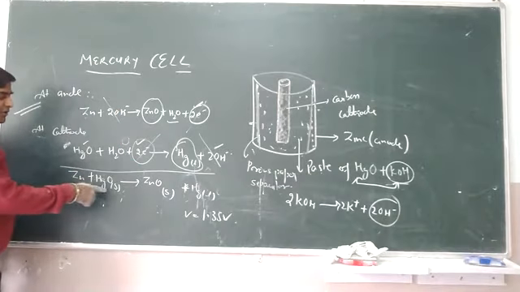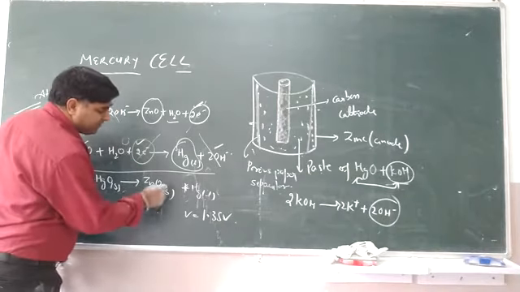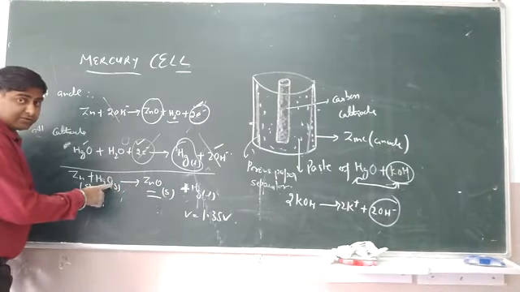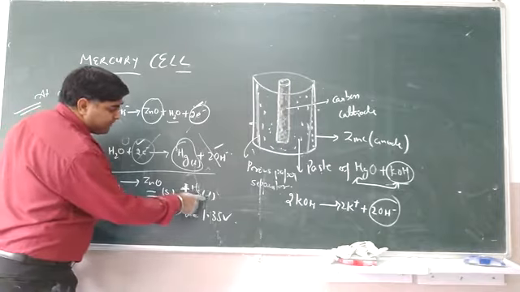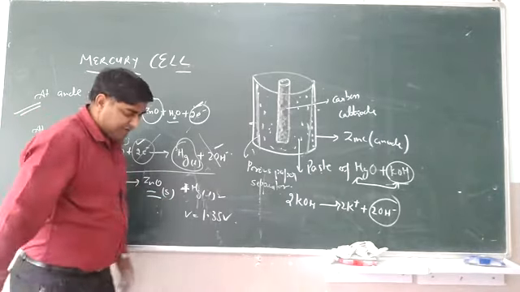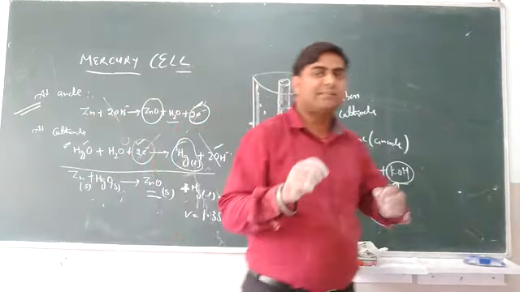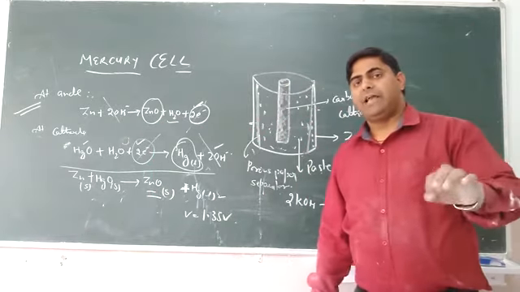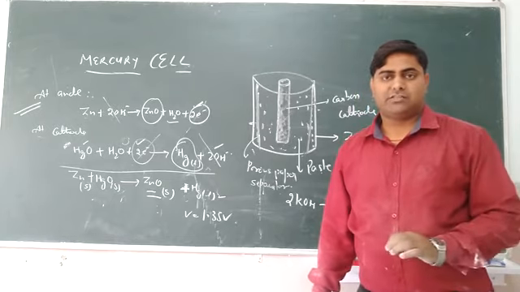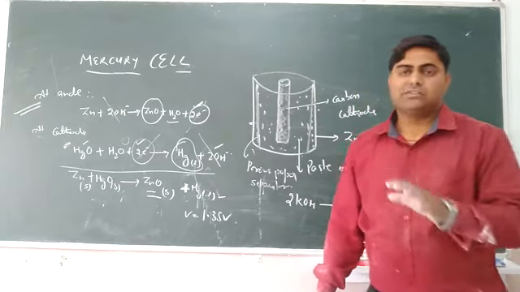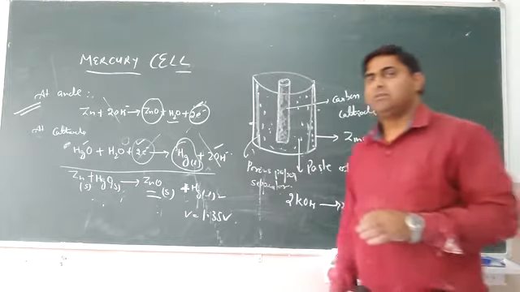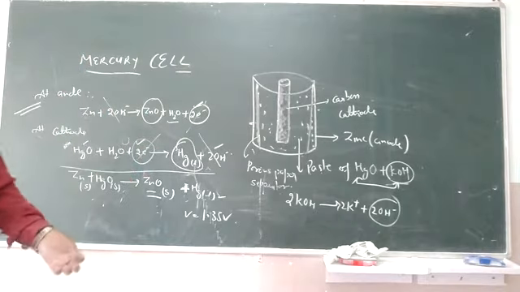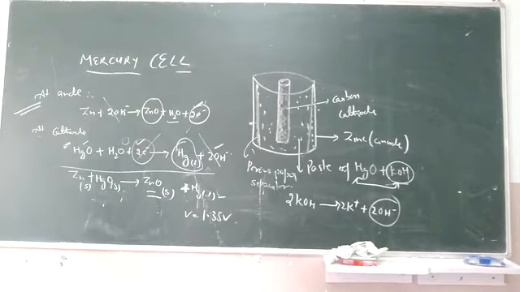So zinc plus mercuric oxide gives zinc oxide plus mercury. Here zinc is solid, mercuric oxide is solid, zinc oxide is solid, and mercury is liquid. It always gives a constant voltage of 1.35 throughout its life, because the overall reaction does not contain any concentration term. So its concentration does not change. Hence, voltage remains constant.